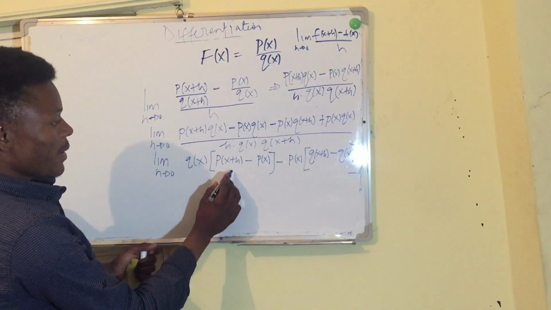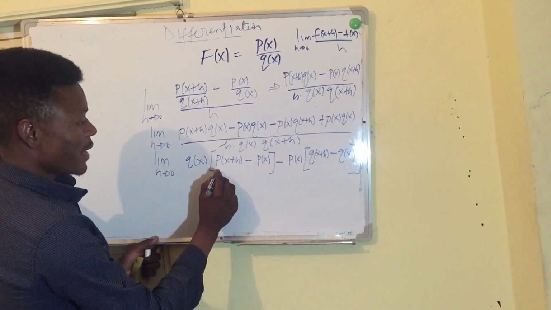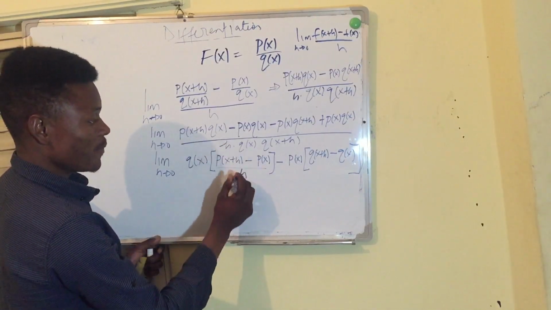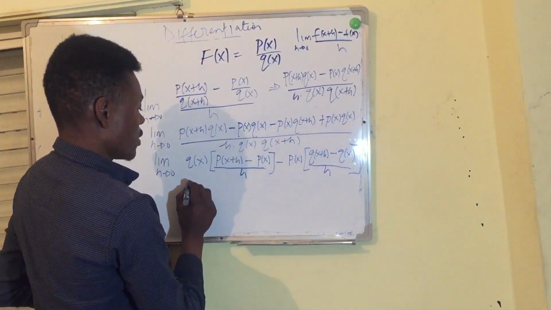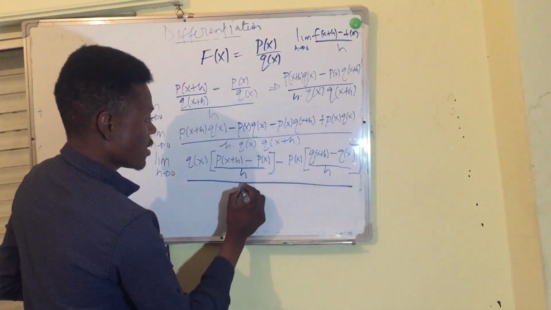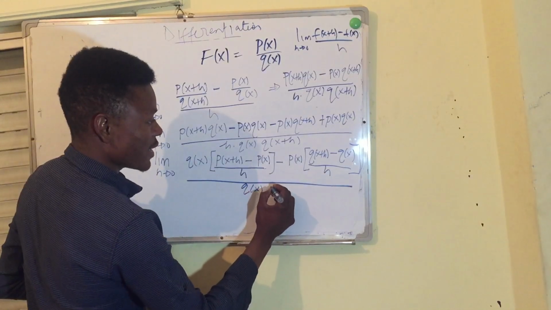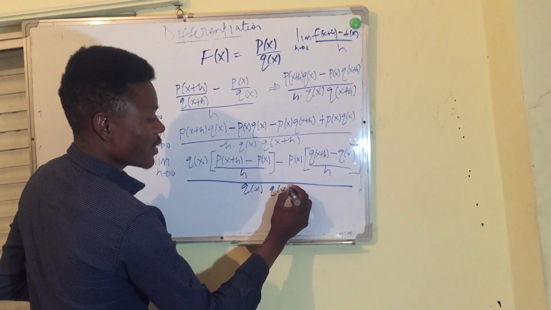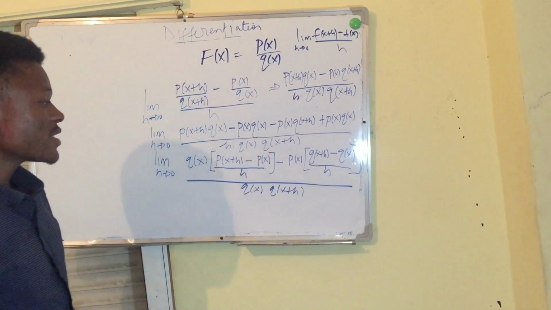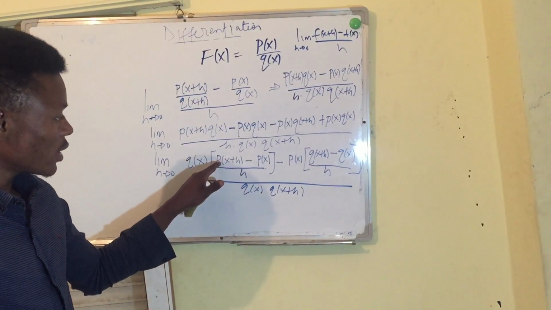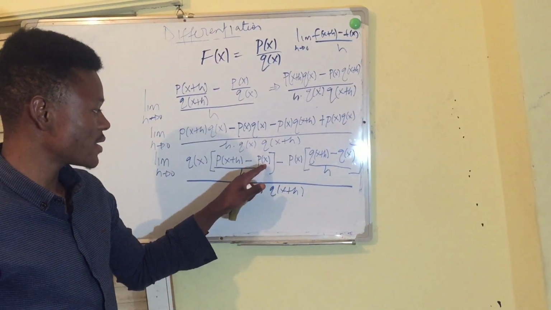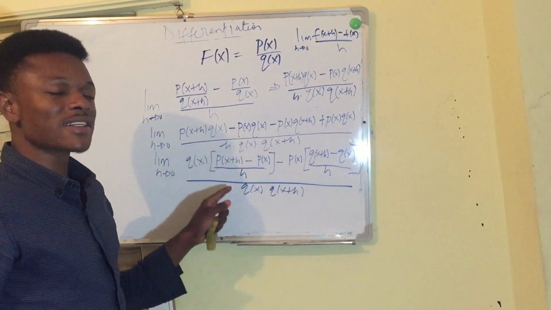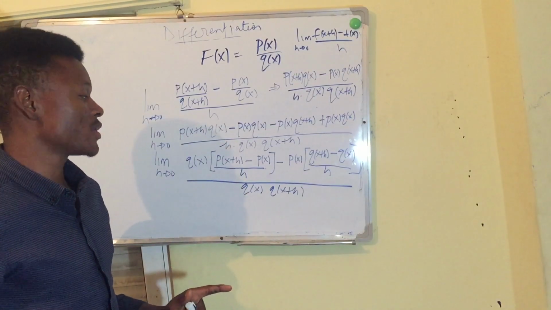So da in yi gaba ɗaya zan iya dividing waɗannan by h din can, wannan ma zan iya dividing din shi by h, gaba ɗayansu kuma za mu iya dividing din su by q of x, q of x plus h. So what is happening here is, idan muka lura nan wurin muna da p of x plus h minus p of x over h, ɗaya yake da derivative of p of x using first principle.